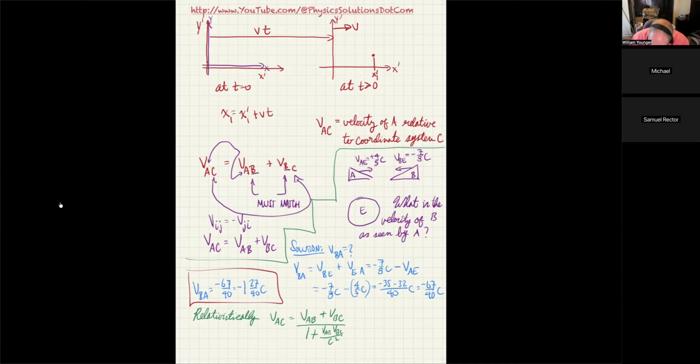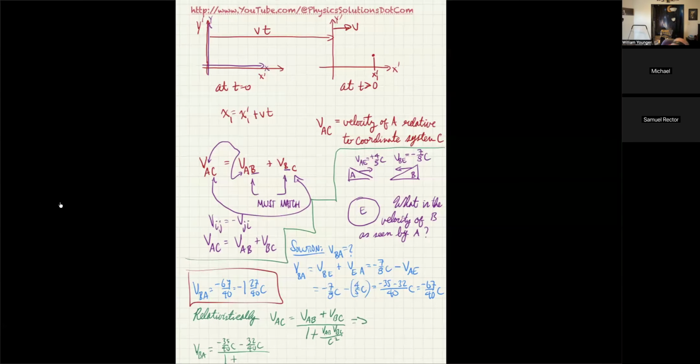So if I try to carry this out with this math, we still get the same stuff going on in the numerator. V_BA is equal to negative 35 over 40 C minus 32 over 40 C divided by 1 plus.